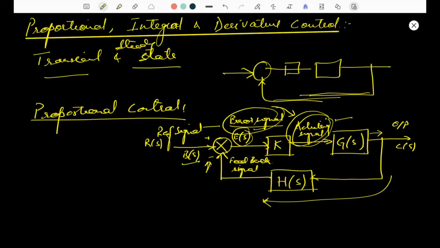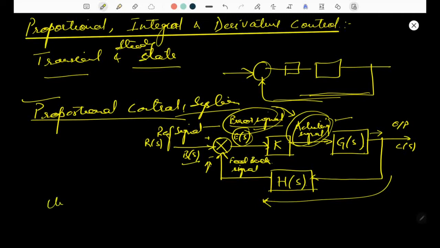Since we have considered the actuating signal proportional to the error signal, this system is called a proportional control system. In this system we want the control system to be underdamped.